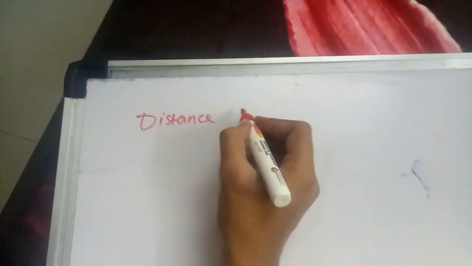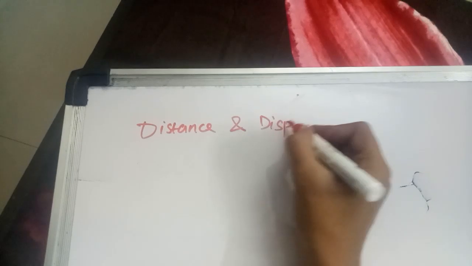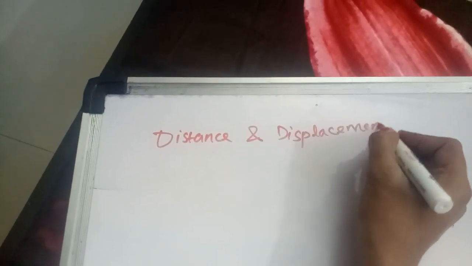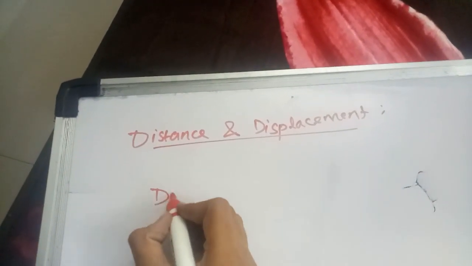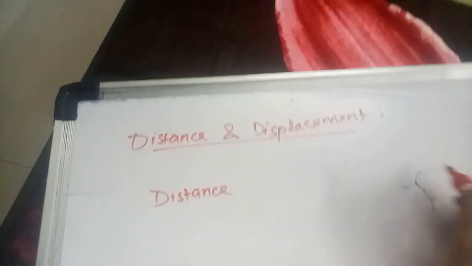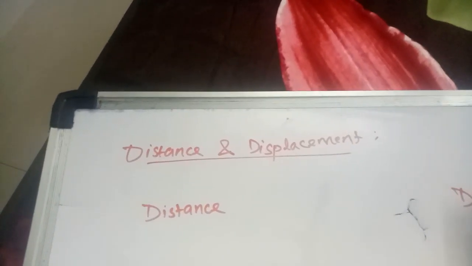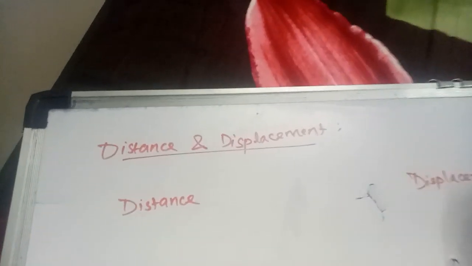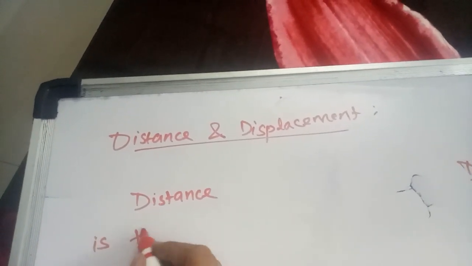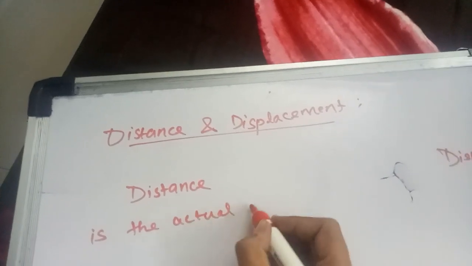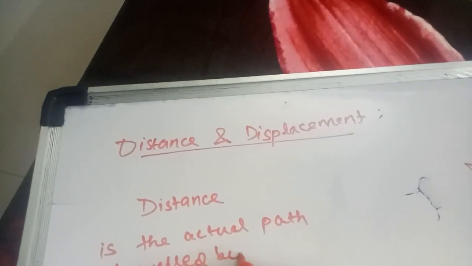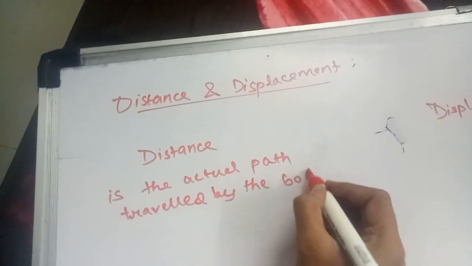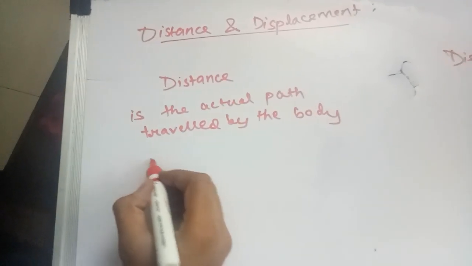Now comes another topic: distance and displacement. What is the difference between both these terms? Let's see. Distance is the actual path traveled by the body. Distance is a scalar quantity.